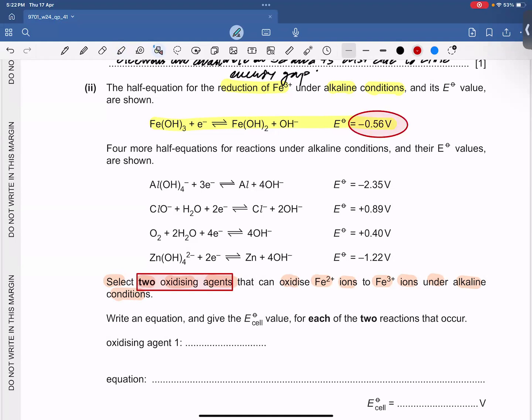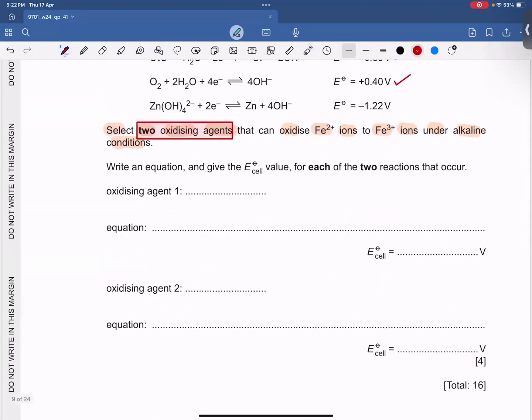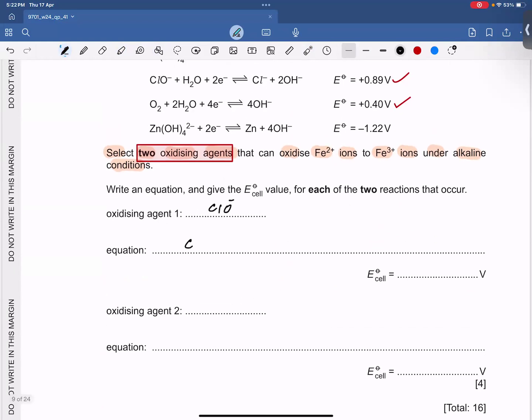And such a value is only in these two half cells, which means I'm going to use either ClO negative or oxygen. So oxidizing agent 1 is basically ClO negative.